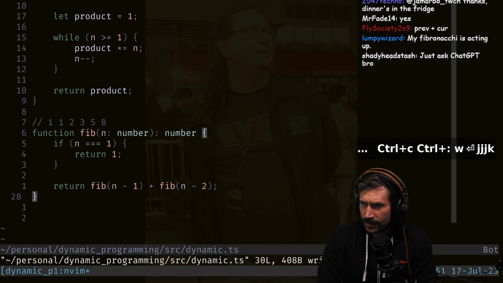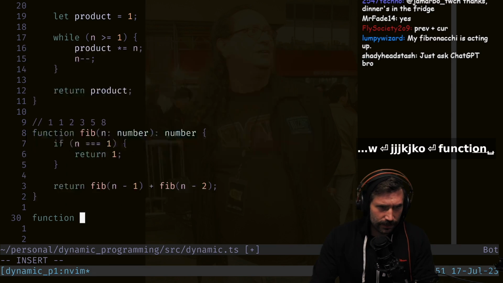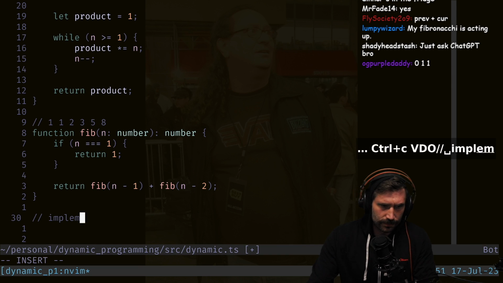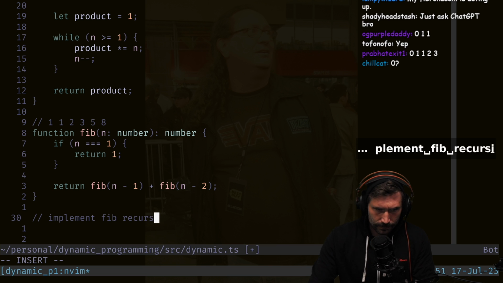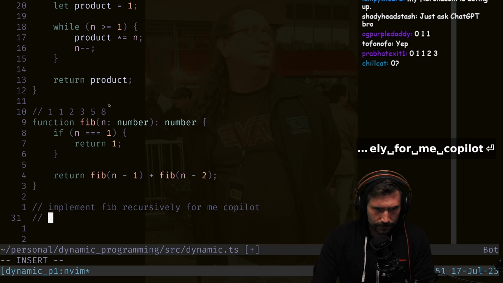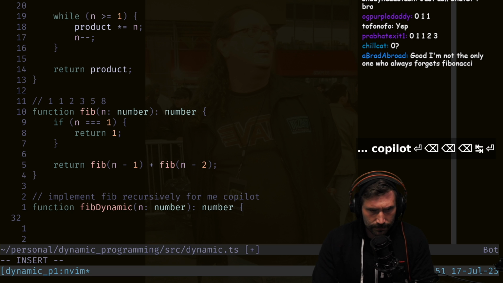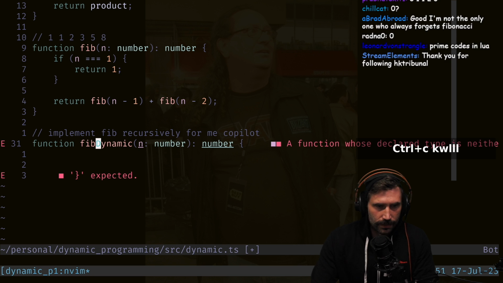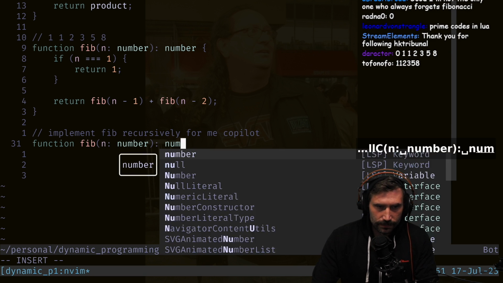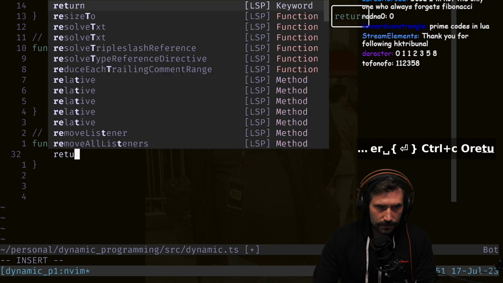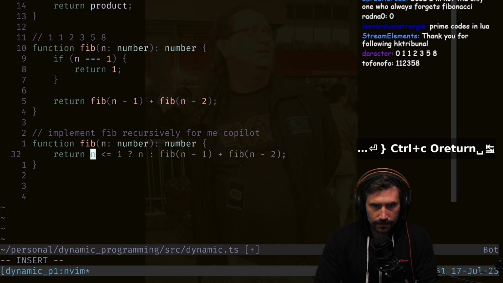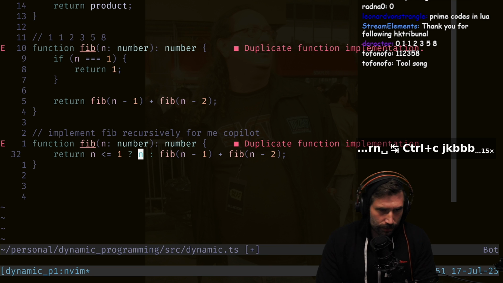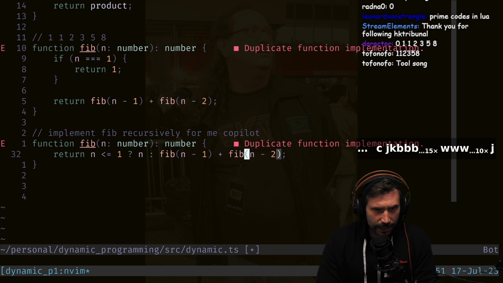Is that correct? I always forget. If n is less than or equal to 1, return n, or just 1. Else return, yeah, okay, so I have the same answer.